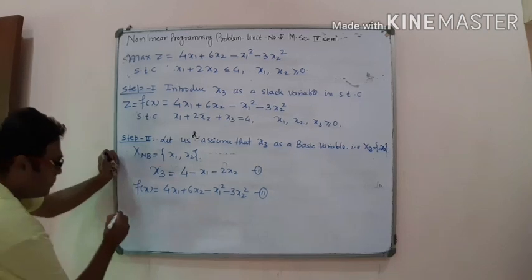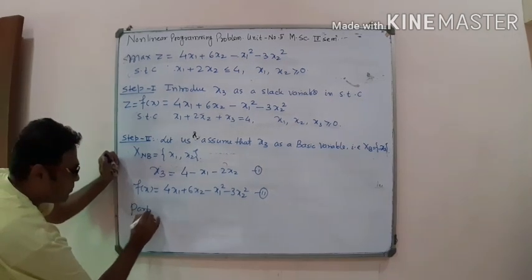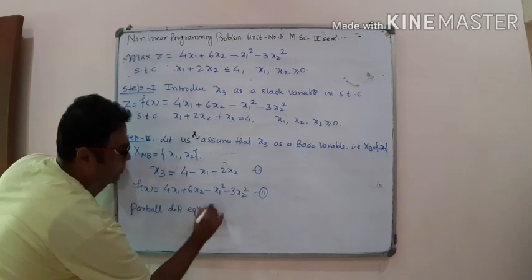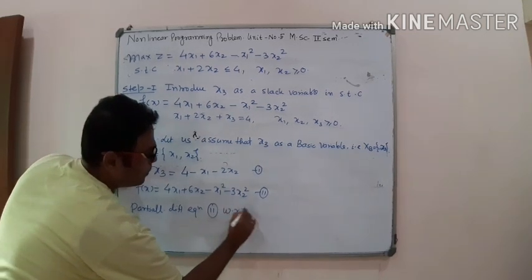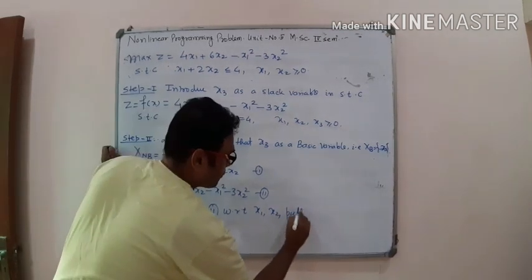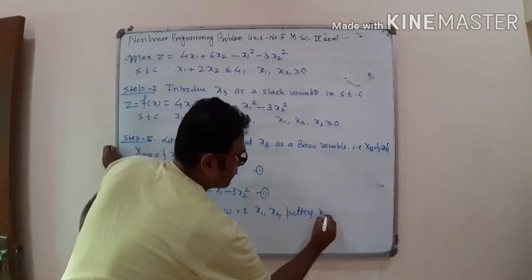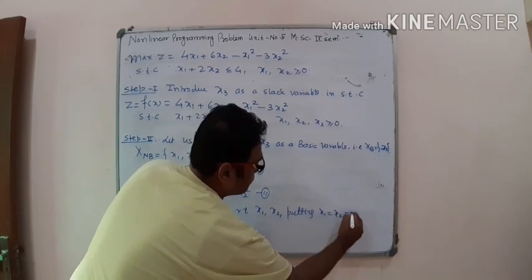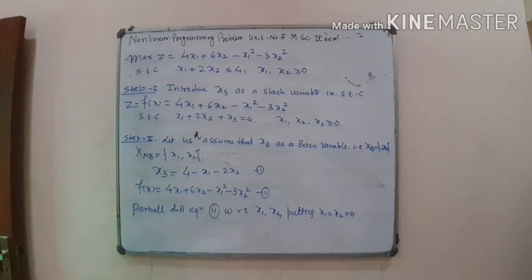Now partially differentiate equation 2 with respect to x1 and x2 and put x1 and x2 equal to 0 after that.